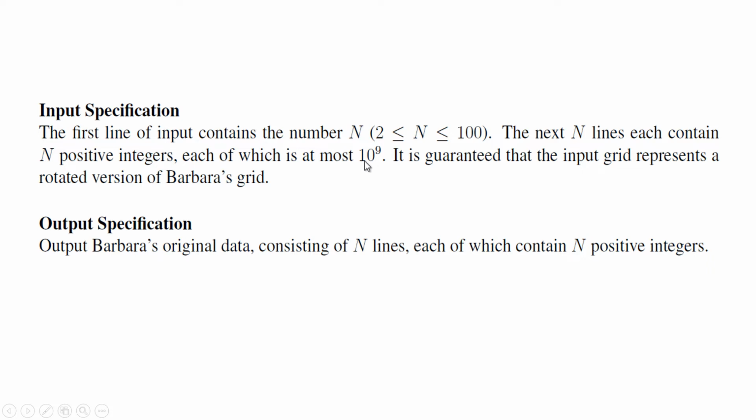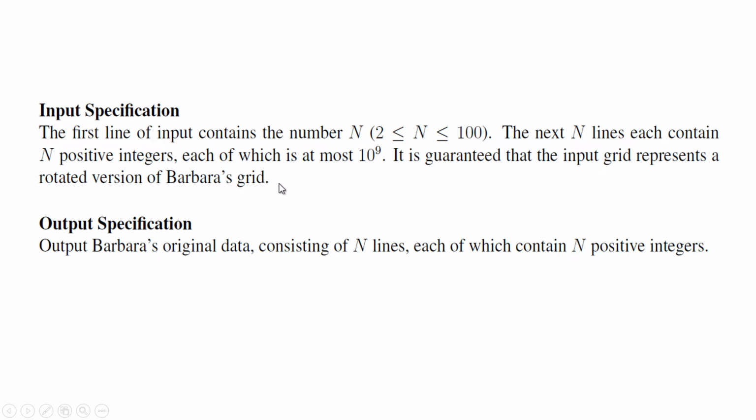The biggest number is 1 plus 9 zeros, so it's 10 digits, which can still be held in a 32-bit integer. It's guaranteed that the input grid represents a rotated version of Barbara's grid.